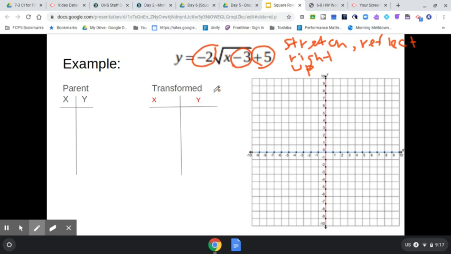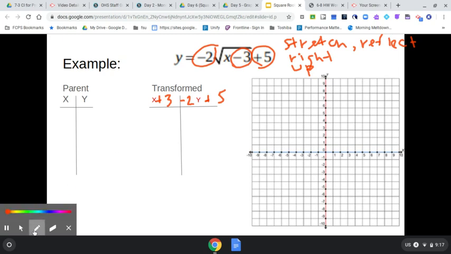I'm going to multiply the y value by -2, and I'm going to add 5. This 3 value, the right 3 units, is going to affect the x value. So I'm going to add 3 to the x value because the graph is going to move to the right.